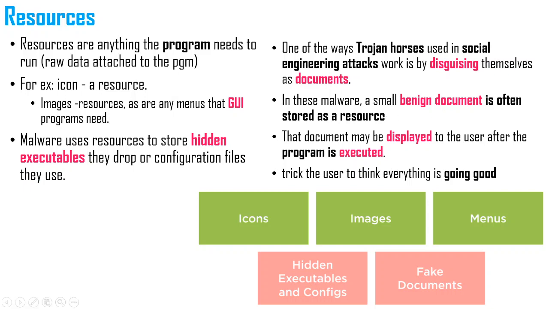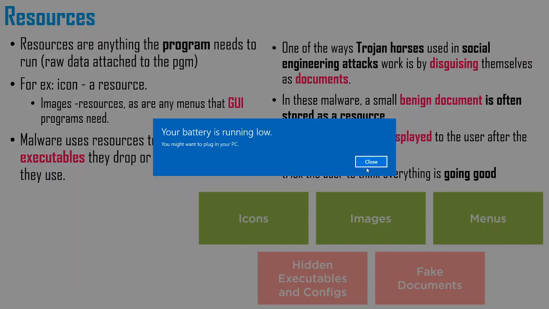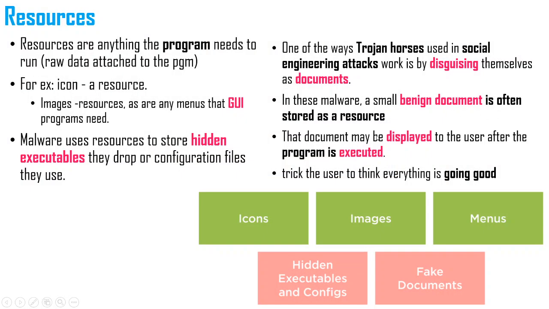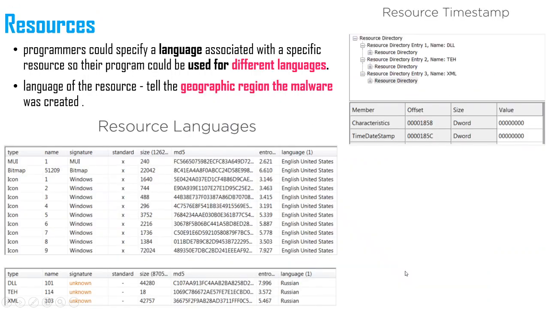So in this Trojan, a small benign document is often stored as a resource. That document may be displayed to the users after the program is executed. So this will trick the users into thinking everything is going good. So maybe some benign document is there along with the malicious script also there in these resources. So the malware author used this resources section to do this kind of thing. So icons are there, images are there, menus are there for GUI mode, and hidden executables are there, configuration files are there, fake documents are also there.